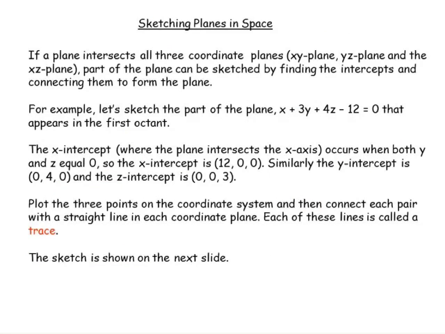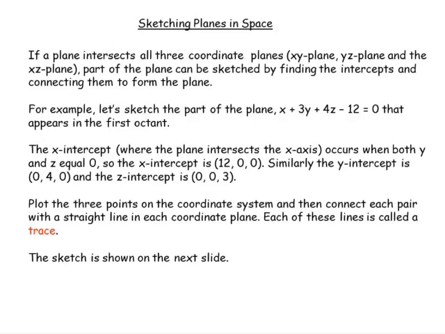Okay, I am going to now show you a couple different ways to graph planes in our 3D space. So the first way we can do this is to actually find the intercepts for each axis or each plane.